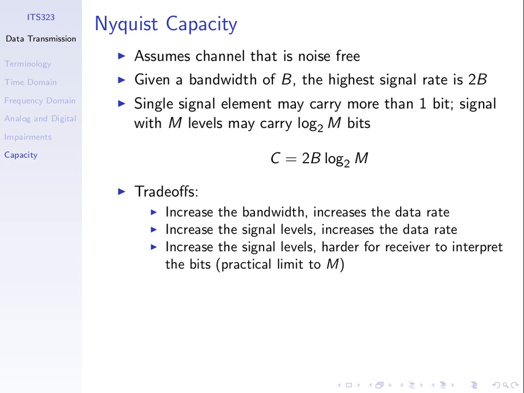But there's another factor involved, and that's what we went through. By increasing the number of levels we have, we can send more bits per signal element. So the maximum data rate, referred to as C in this equation, the capacity, is related to the signal rate.